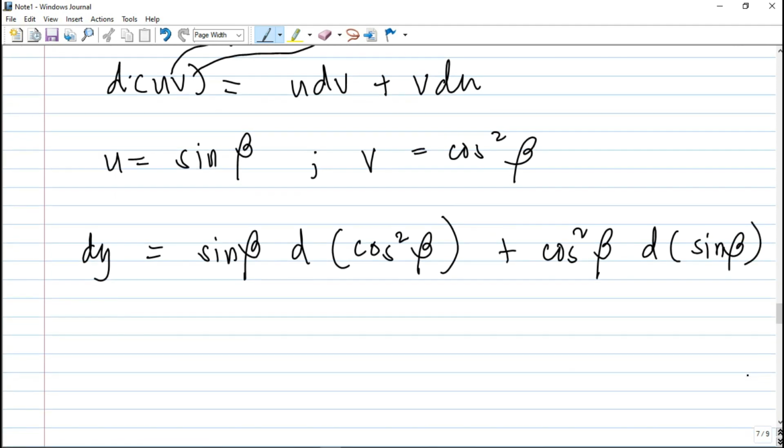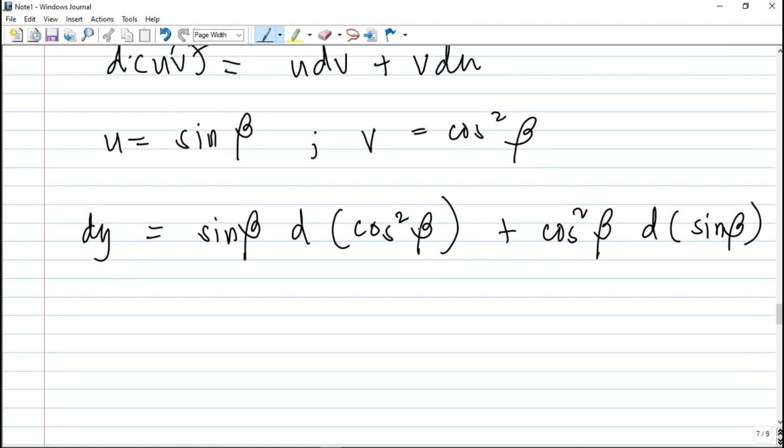So, let's just find the derivative of this cosine squared beta and sine beta. So, derivative of y, you have here sine beta. So, derivative ng cosine squared beta is, power formula tayo. So, bring down the exponent, 2. Copy the inside function, that is cosine beta. So, ilabas natin yung exponent para hindi tayo ma-confuse, no?